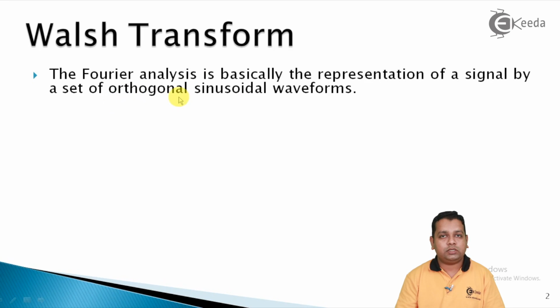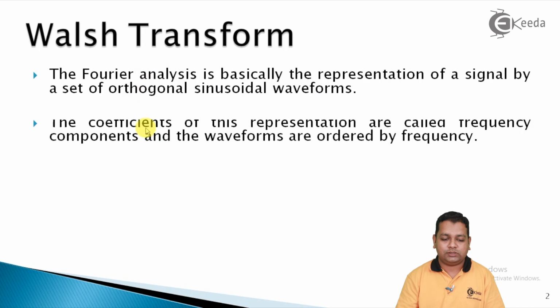So orthogonality is a must, whether the basis functions are sinusoidal or non-sinusoidal. Sinusoidal waveforms are the basis functions for the Fourier analysis. The coefficients of the representation in the Fourier analysis are called the frequency components, and the waveforms are ordered by the frequency, going from low frequency to higher frequency.